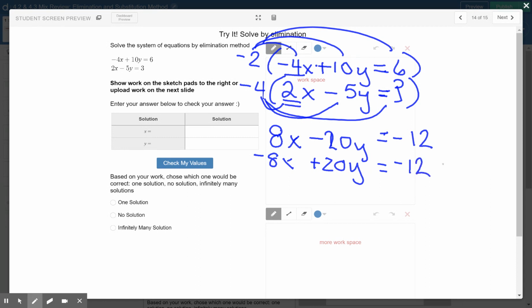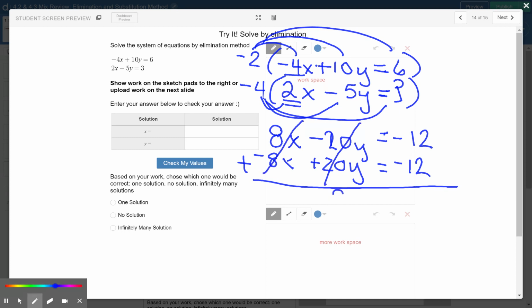Now this is where you want to be careful. You want to make sure that you're not on autopilot and that you're mindful of what you're doing. So yes, the x's are opposites. Yes, the y's are opposites. But some of you may rush and think that negative 12 and negative 12 are opposites. They're actually the same thing. So negative 12 plus negative 12 would actually get you negative 24.